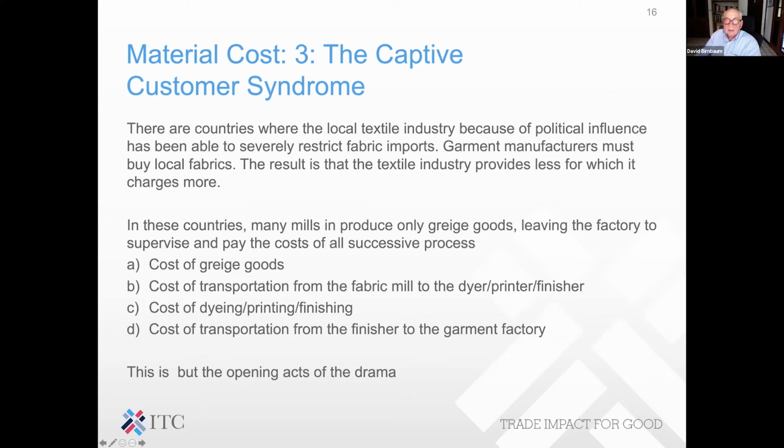Okay. We're talking about the nature of the industry. This is not an exceptional case. We're talking about what we call the captive customer syndrome. Politically, textile people are held in much higher regard than the garment people.